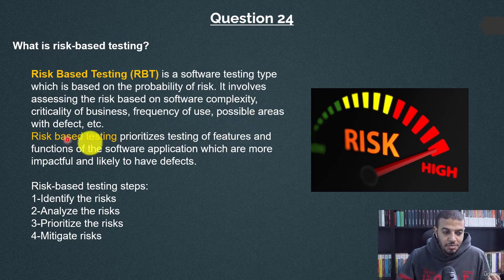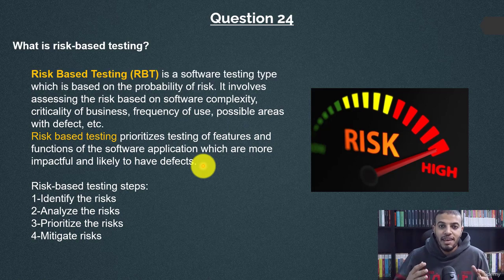And like we said, risk-based testing prioritizes testing of features and functions of the software which are more impactful and likely to have defects. So if a function has a high impact on the software, it will have a higher level of risk. If it is likely to have more defects, it also will have a higher risk.